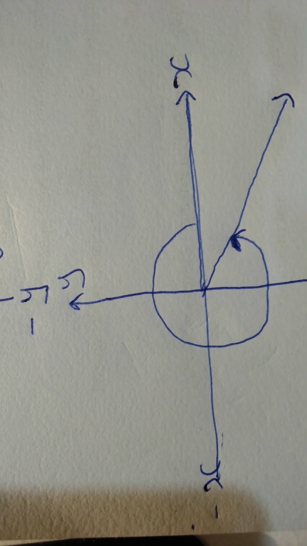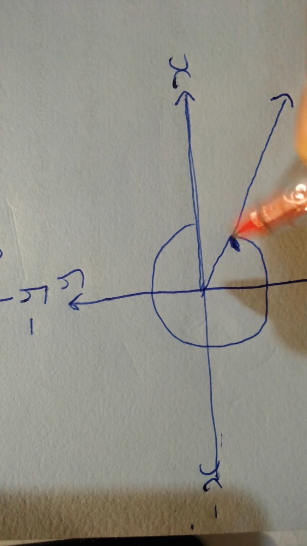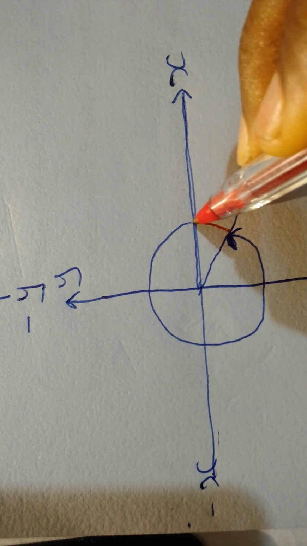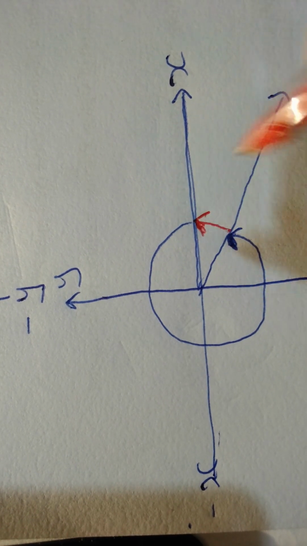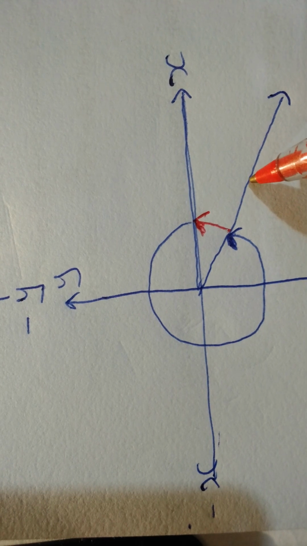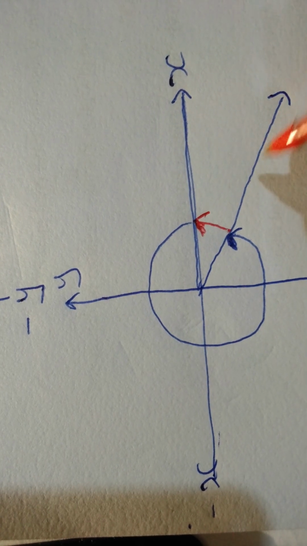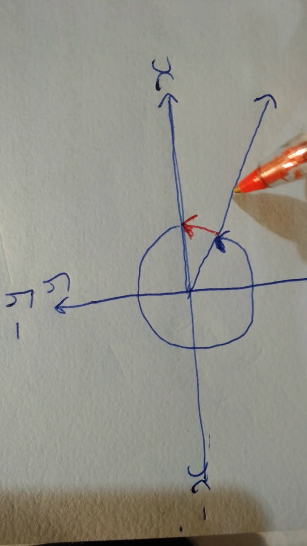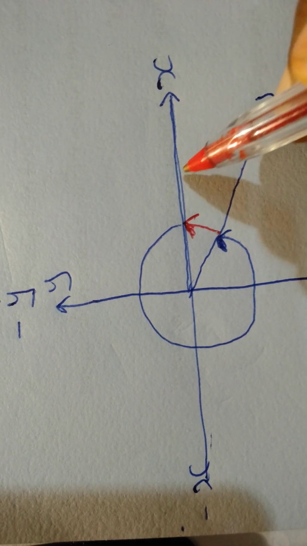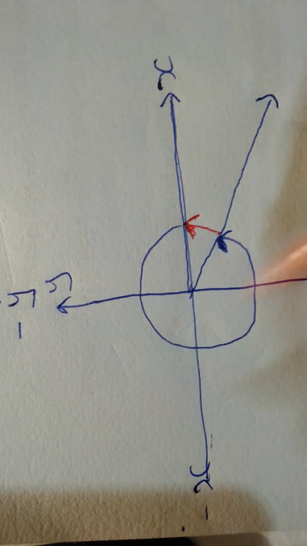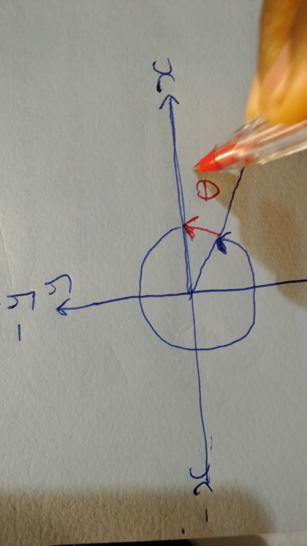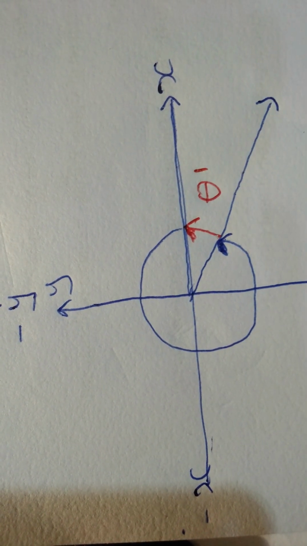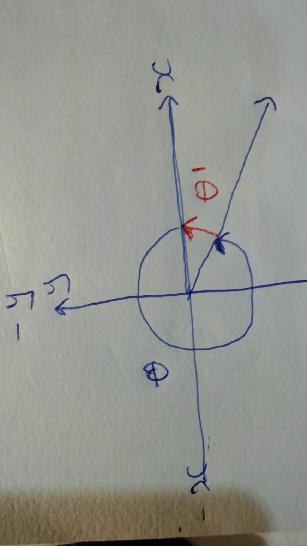So here our reference angle is going to be this place. It must be the angle between the terminal side and the x-axis. So this is denoted as theta prime, and this is denoted as theta.